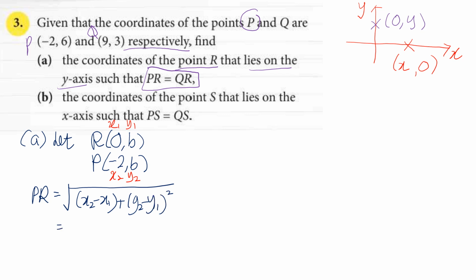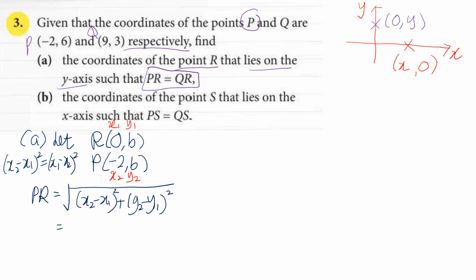Some of you will ask, is it okay to use x1 minus x2 squared instead of x2 minus x1? Yes, the value you get for x2 minus x1 squared will be the same as x1 minus x2 squared. But if you use x1 first, then bear in mind that you have to use y1 first also. It must correspond. So x1 minus x2 squared plus y1 minus y2 squared.